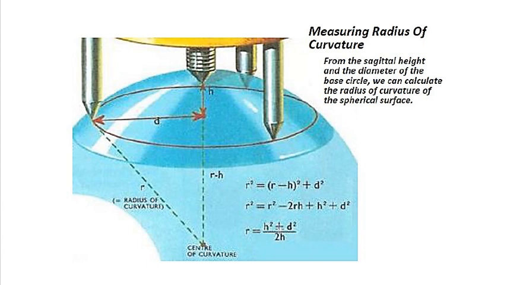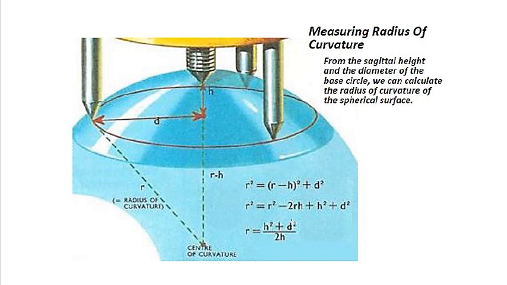Your circle has to touch all the tips of your three legs of your spherometer device. Here's the first tip, the second leg is here, second tip, and then the third leg is right there, and the third tip. See how we draw this circle, and that's the diameter.